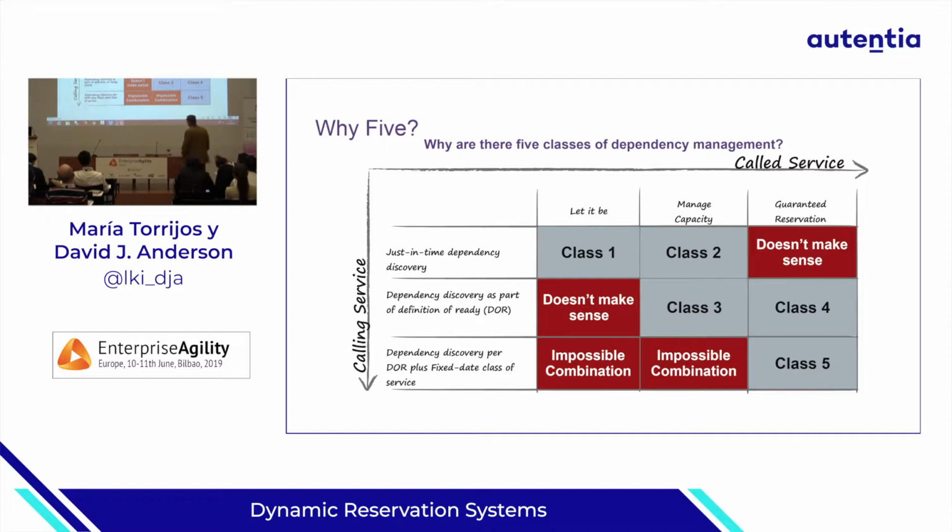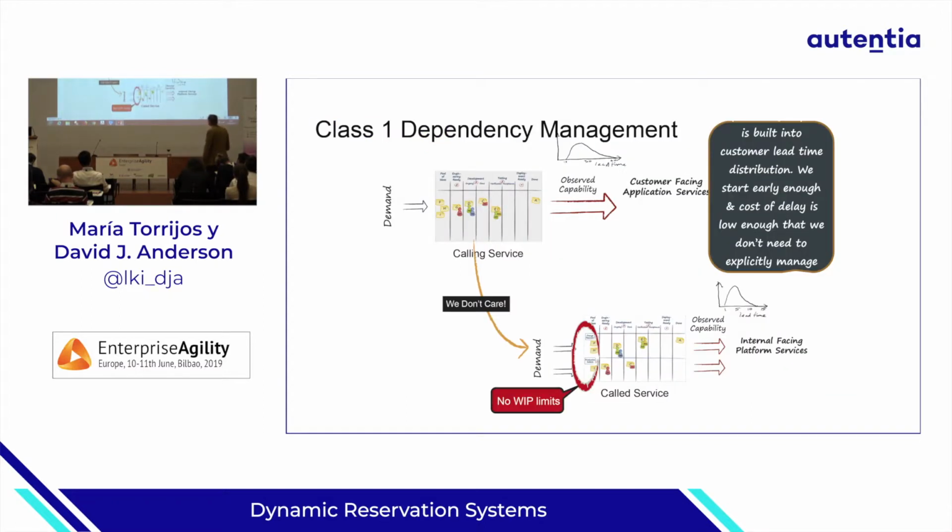Now very quickly we'll take a look at what those look like. So we'll start with class 1, which is just-in-time discovery and let it be. We don't really care too much about if there's a dependency. So slide. All right, so in that case we've got our main Kanban board at the top and our shared service at the bottom here. And a ticket arrives, we don't even bother to do any risk assessment or analysis on it.